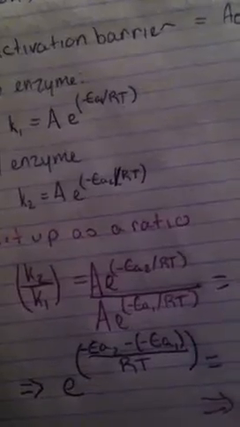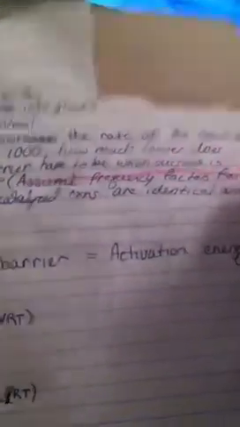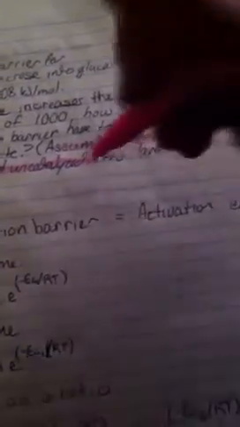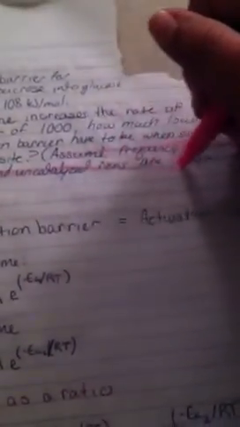Okay, so a couple of things here. Up here, we were told we're assuming the frequency factor for both the catalyzed and uncatalyzed reactions are identical. So when we assume that, the frequency factors, which are the A, are the same.